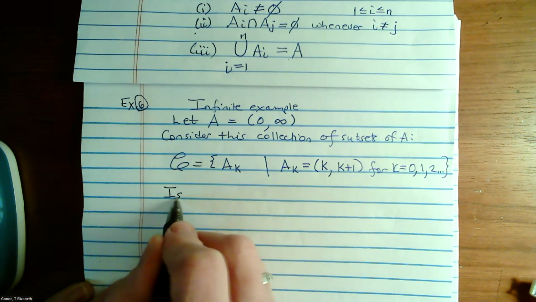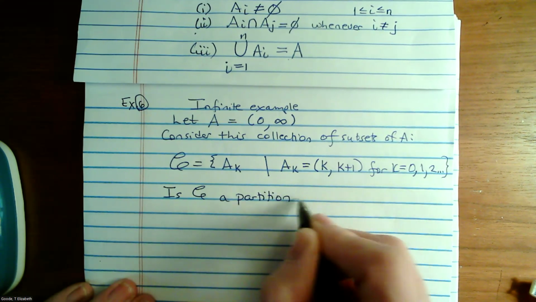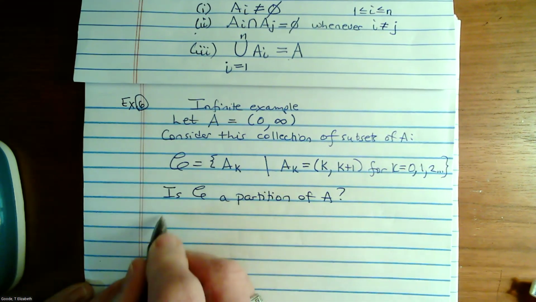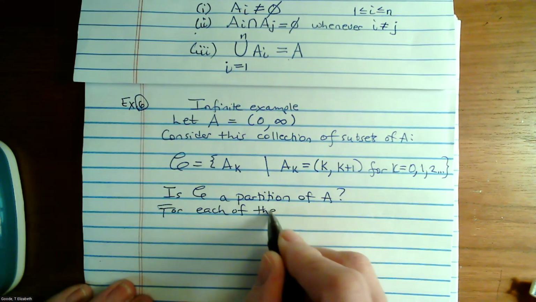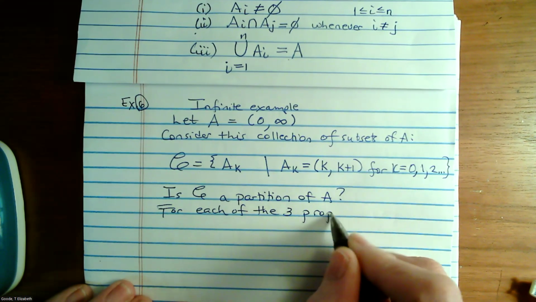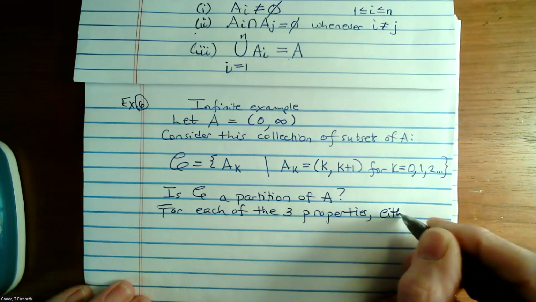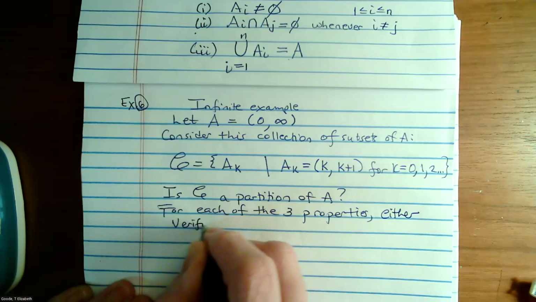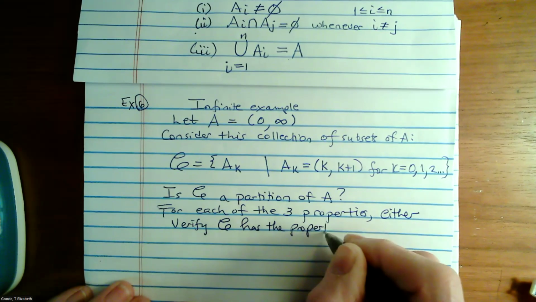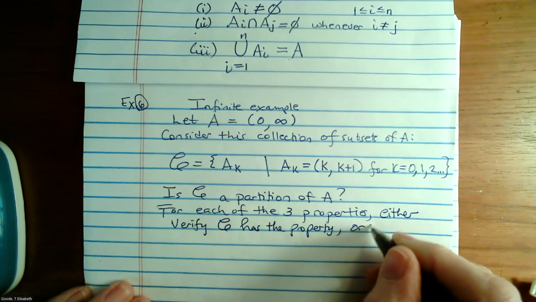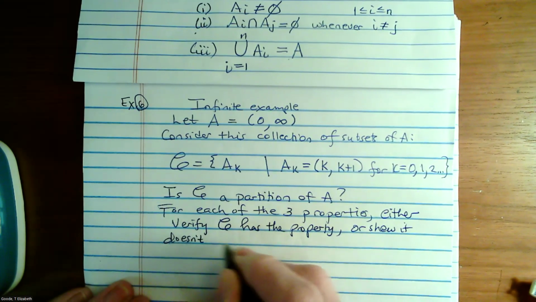All right, so is curly C a partition of A? In particular, for each of the three properties, either verify C has the property, or show it doesn't have the property.